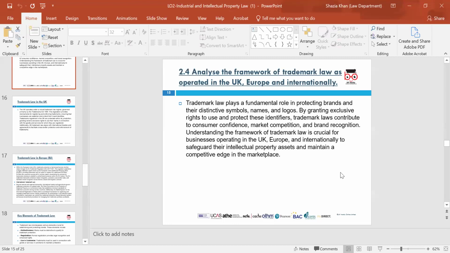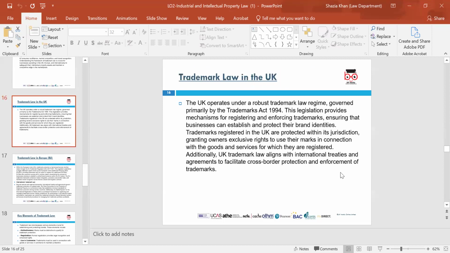Your brand can be a combination of words, or it could be pictures or logos. As we mentioned, trademarks in the UK are primarily governed by the Trade Marks Act 1994, which protects individuals' rights under the Act, and protects their brand identities.